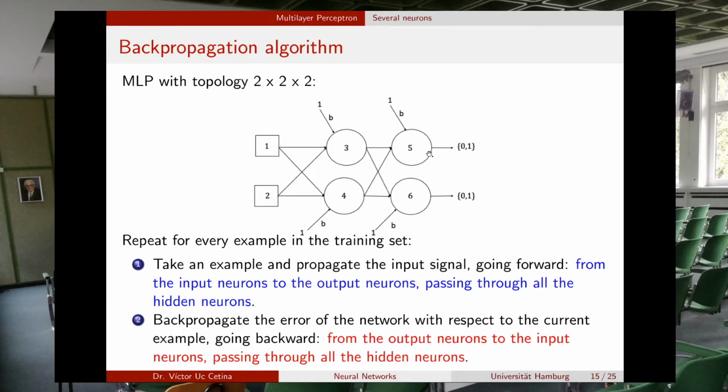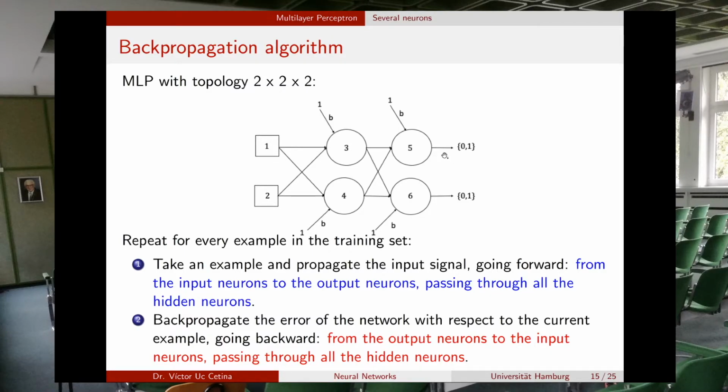If you get, for example, in neuron 5 an output value of, let's say, 0.3, and for that example you should get a 1, then just by knowing that the target value is 1 and you are getting 0.3, you can already see how big your error is by computing the subtraction of 0.3 minus 1. So you get an idea of how wrong this neuron is, and the same happens with every output unit.